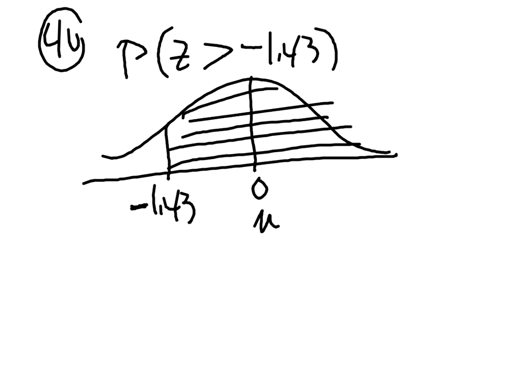And our z-table isn't set up for us to find that. Now, there's another way that you could do this, but the simplest way using our table is to go to the negative z-table and find this area here, where I just drew the arrow. That's the complement of the area we're looking for. It turns out that the area to the left of negative 1.43 is 0.0764.